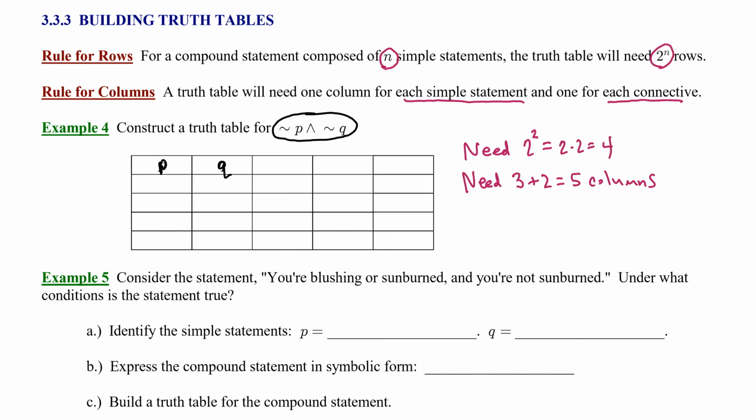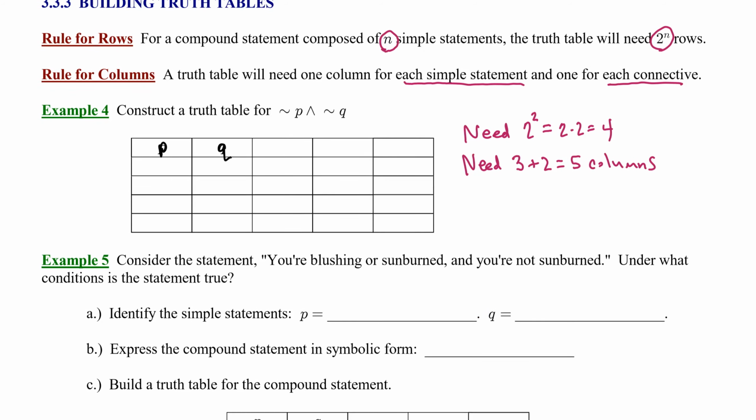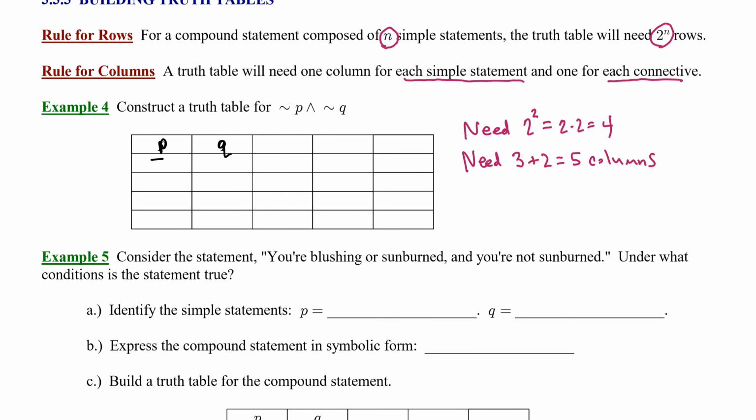We don't know in particular what P and Q represent, but we could read this statement, not P and not Q. So we're going to set this up again the same way every time. We're going to consider 2 T's and 2 F's for the first column, and then we're going to alternate true and false for the second column. Again, that gives us every possible combination of truth values for the simple statements P and Q.